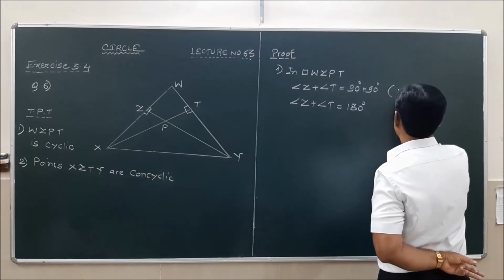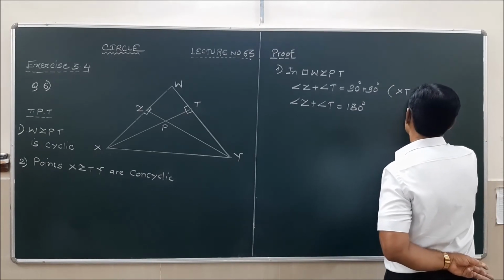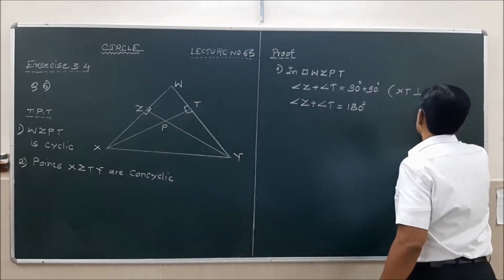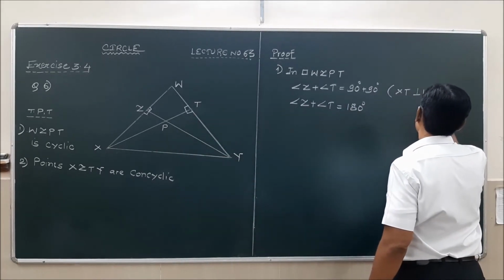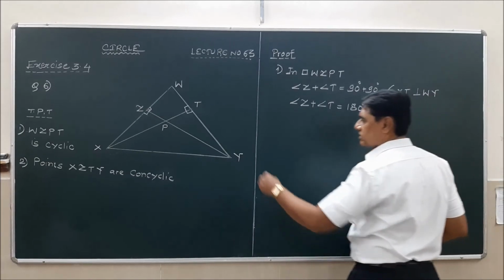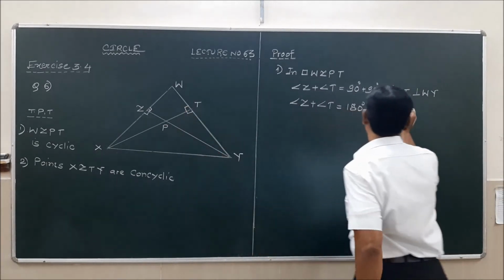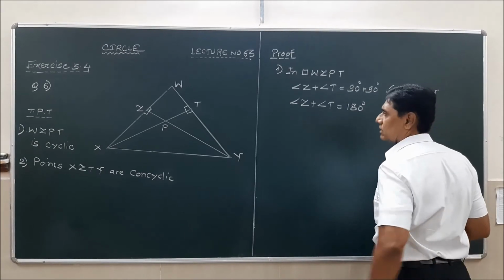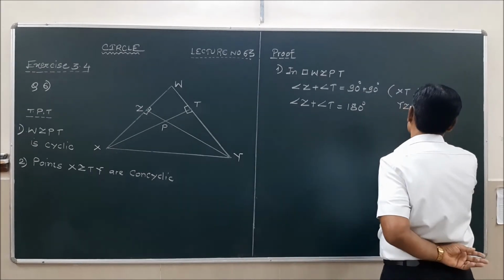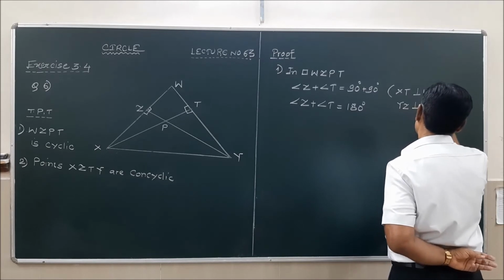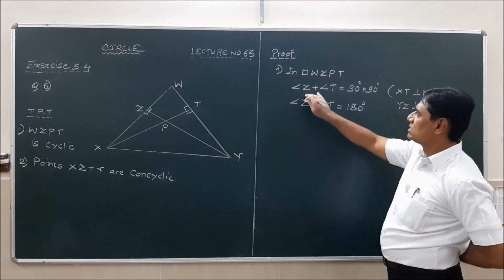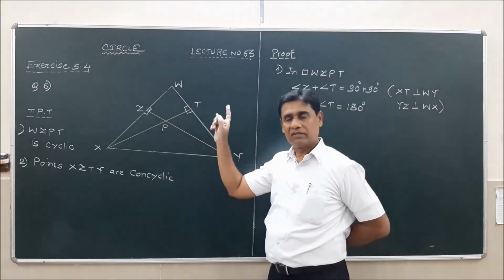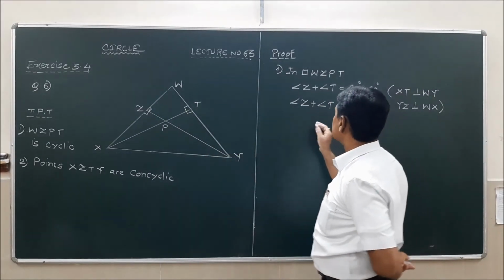The reason is XT is perpendicular to WY. Likewise, YZ is perpendicular to WX. The reasons are also given. So Z plus T is equal to 90 plus 90, that is equal to 180.